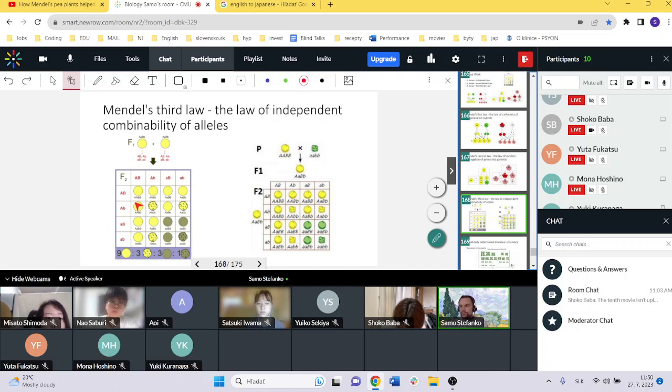As we see, if we have two dihybrids AaBb, each can form four different gametes: dominant AB, then heterozygous Ab, different heterozygous aB, and then recessive ab gametes. So when these two gametes are crossed, they produce 16 genotypically different combinations.